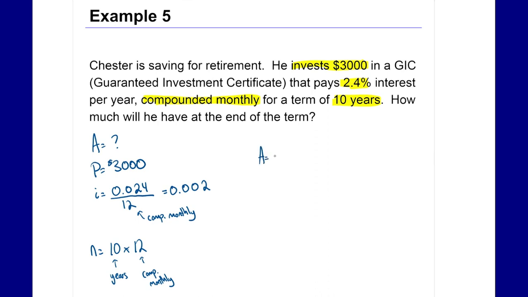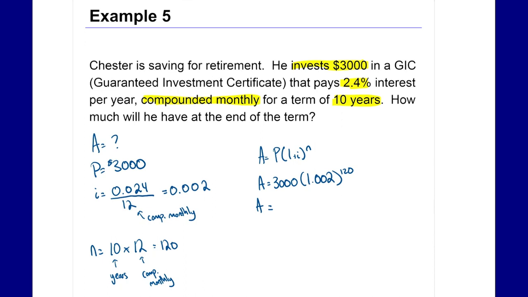So A is going to equal P times 1 plus I to the power of N. A is going to equal 3,000 times 1.002, or 1 plus 0.002, to the power of 120. So over this entire term, there's going to be 120 compounding periods.